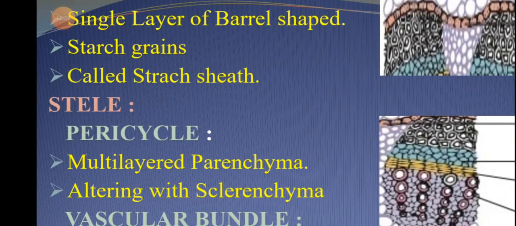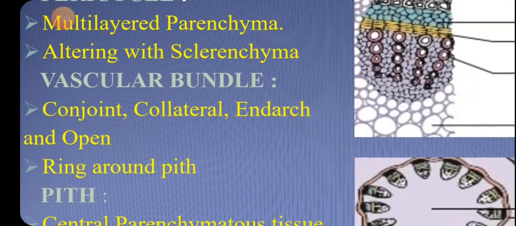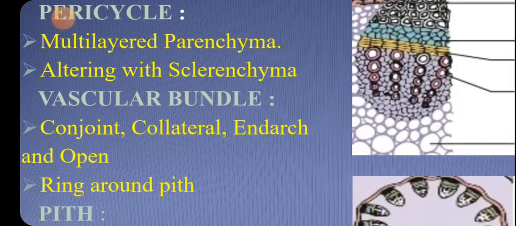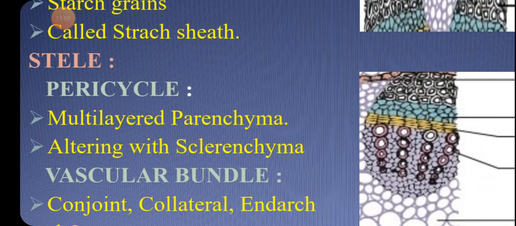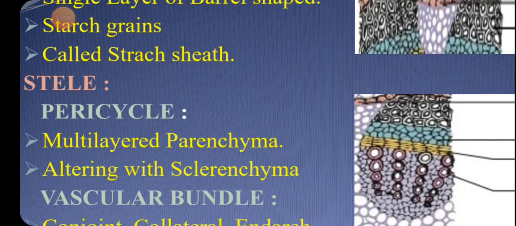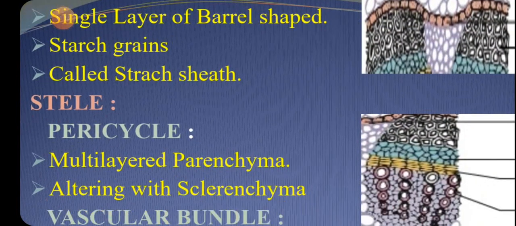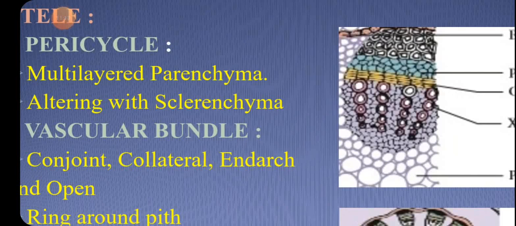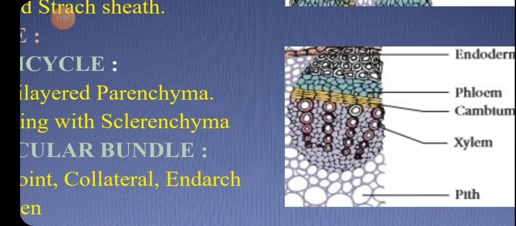Okay, then the stele. Stele is also like the cortex. Stele is also divided into three: pericycle, vascular bundle, and pith. To the endodermis, the cortex is over. The stele starts from the pericycle. See the picture, the pericycle here, the blue color, above the blue color some blackish regions are present as sclerenchyma cells.